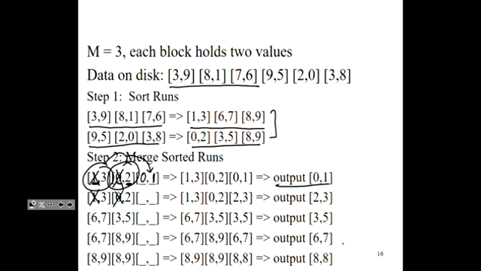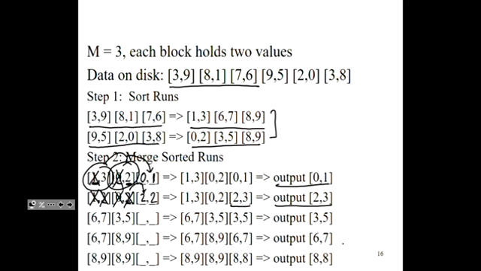I have 3 and 2 at the heads of those 2 blocks. I'm going to take 2, make it part of the output because 2 is smaller than 3. Now I'm done with this block, and I'm going to take 3 and place it here. I'm done with this block. Essentially, I can go ahead and output 2, 3, and I have my second output block.